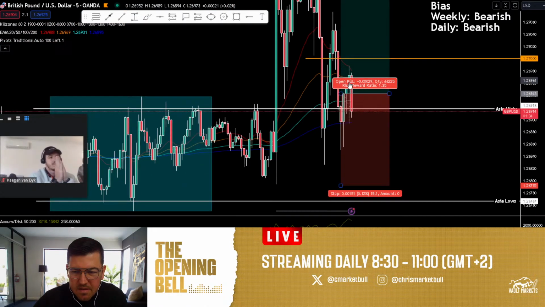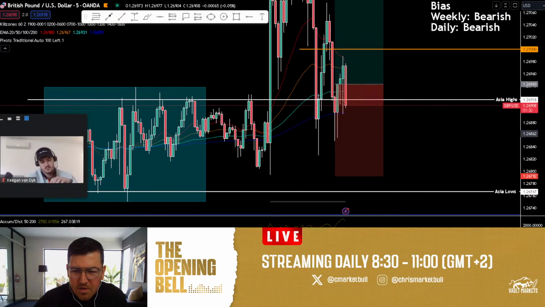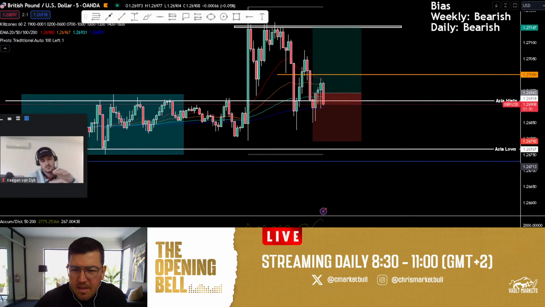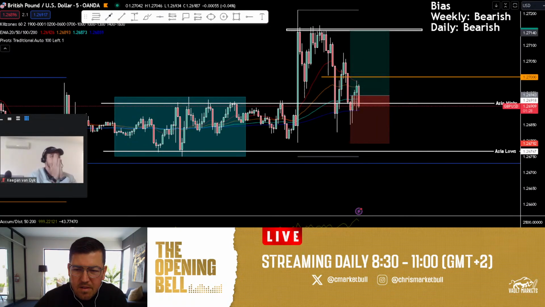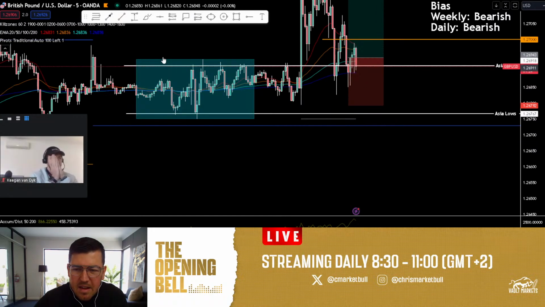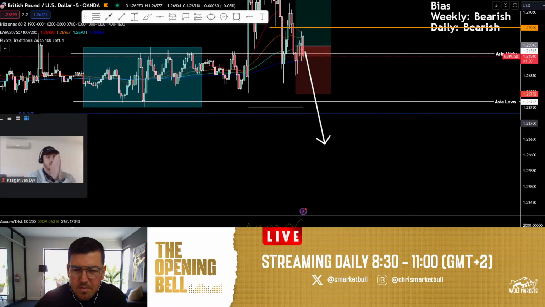Otherwise, this is going to come down lower, break structure lower, and then this was the fake out, spiking Asia highs to then trade lower. And then even later on in the session, you'll see us trading below Asia lows, below the daily pivot. And then for NYSE, your context will be trading from the Asia lows.